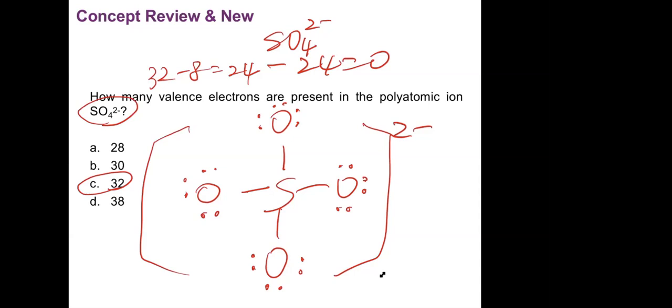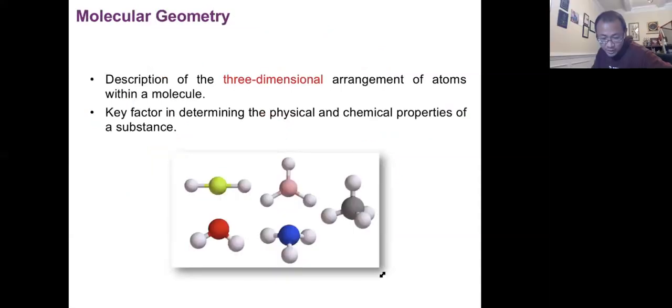All right, next. Okay, I'll give you a brief introduction here, and then I'll let you go for today. One of the next tasks when we study a molecule is, after we know the Lewis structure, we want to know what the molecule really looks like.